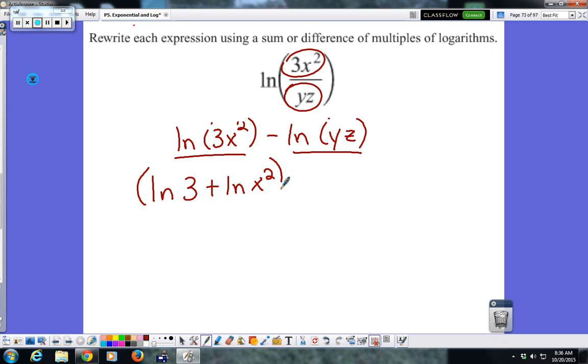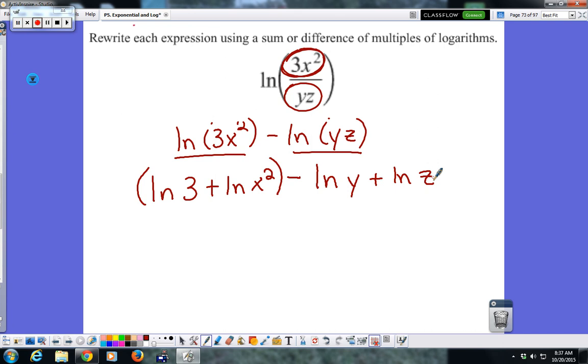I would actually put that whole thing in parentheses because that was the top part of your logarithm problem up here. Minus the natural log of y, again, these are being multiplied together, plus the natural log of z.